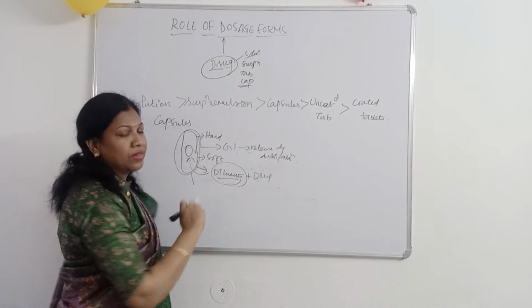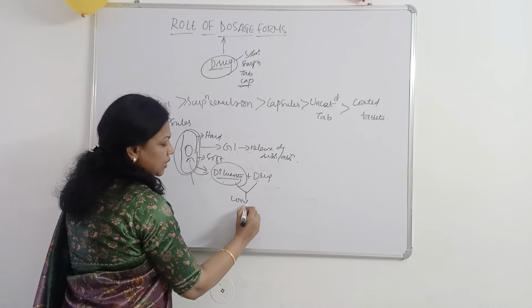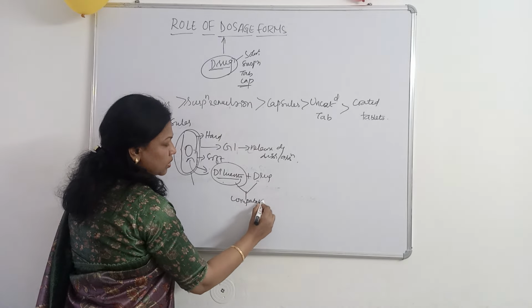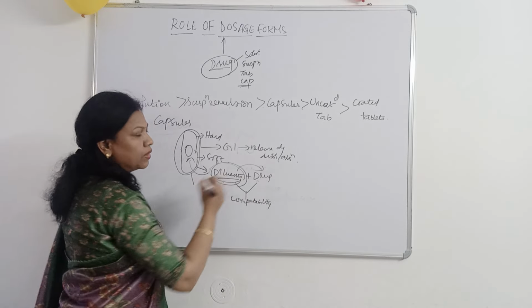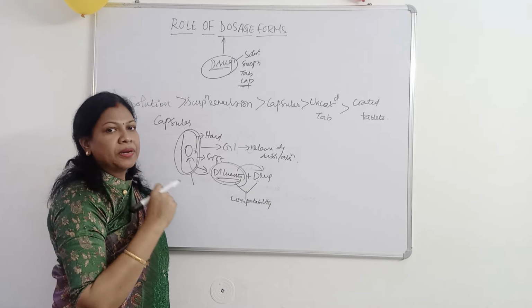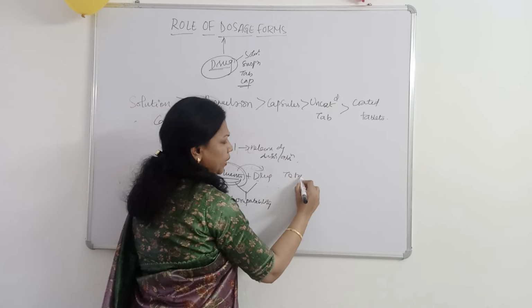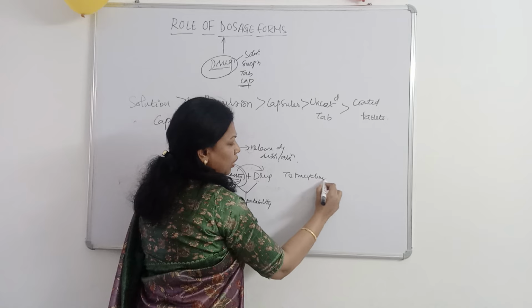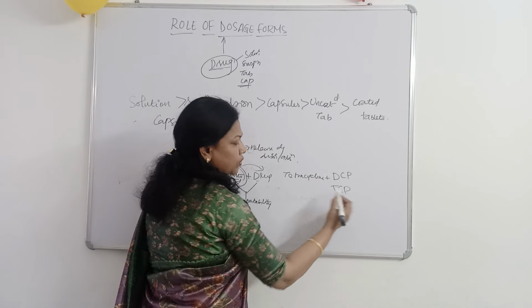How does diluent have an effect on the drug? Because of compatibility. There may be some compatibility issues that may arise when we use an incompatible diluent with that of the drug. Example, in case of tetracycline, tetracycline should not be prepared along with diluents like dicalcium phosphate or tricalcium phosphate.